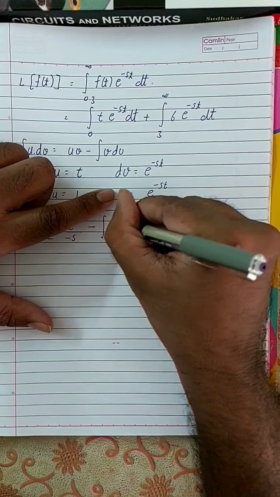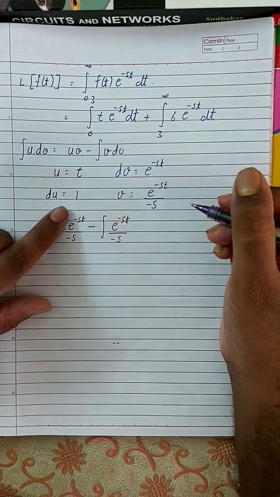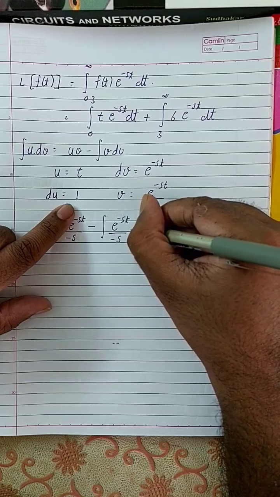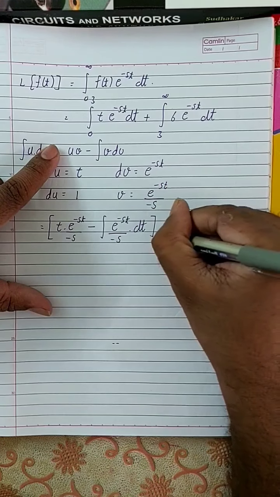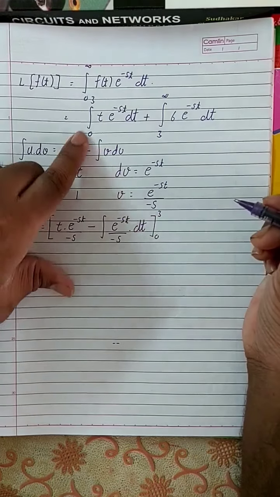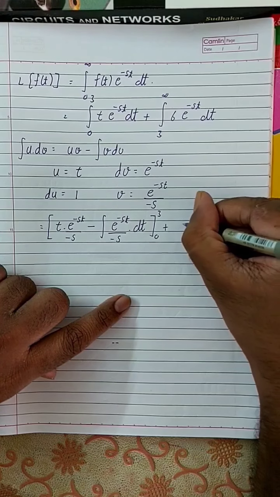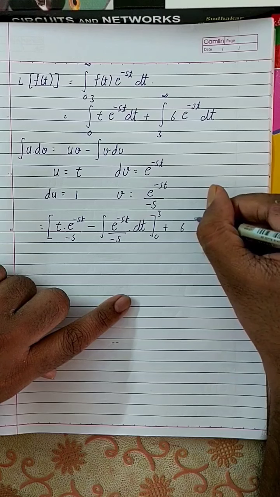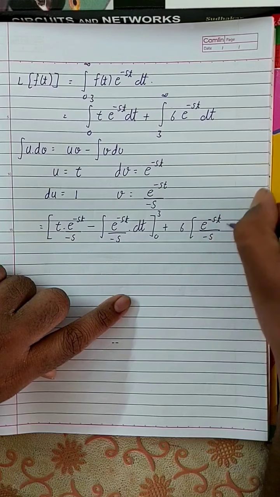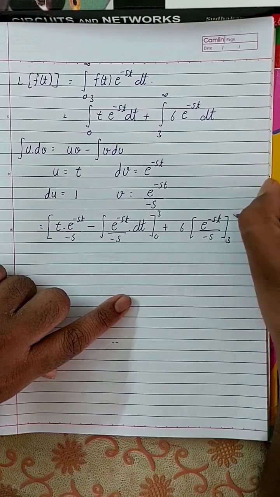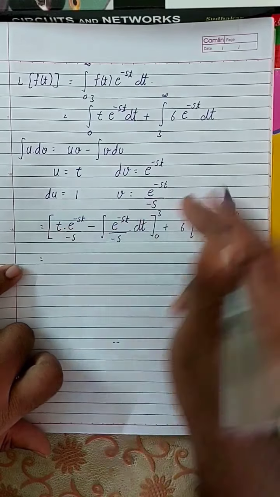V is e raised to minus st by minus s, and du is 1 dt, from 0 to 3. Plus, what about this? This is nothing but 6 into e raised to minus st by minus s from 3 to infinity.